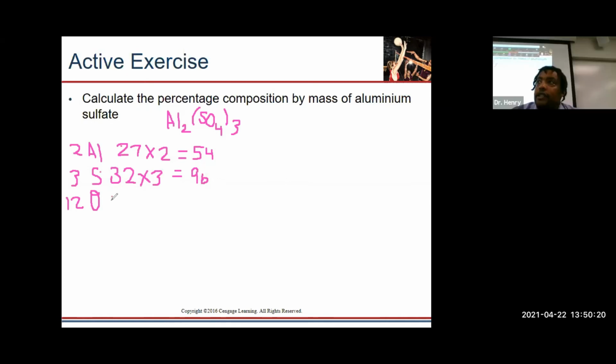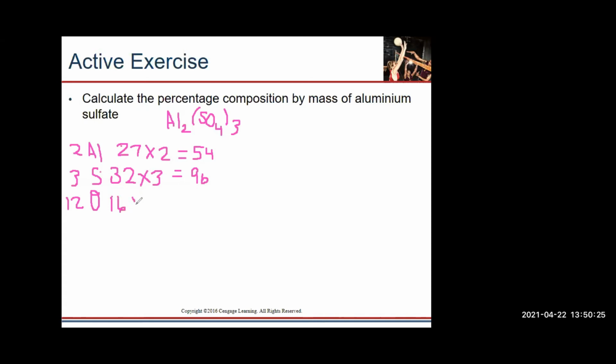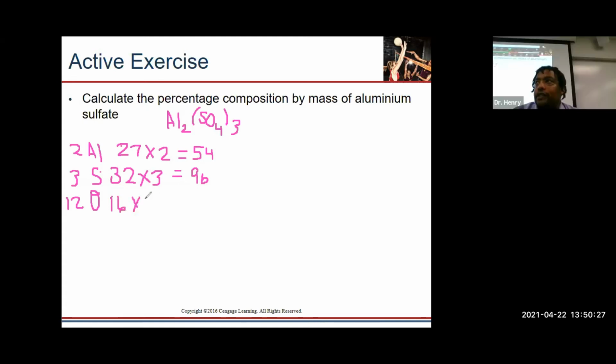The mass of oxygen is 16 times 12, 192. We add it all together, 342.